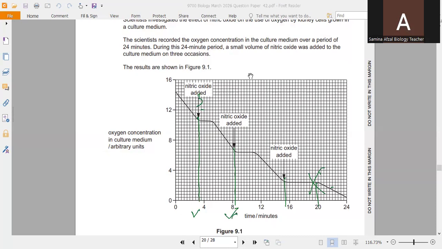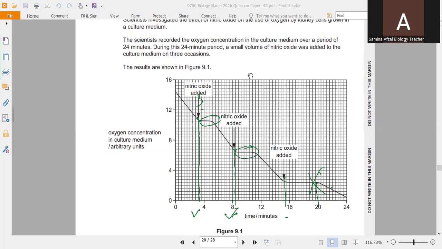You can see the rate of oxygen consumption decreases as the nitric oxide is added. Before each addition, you can see that the oxygen consumption resumes, and the rate of oxygen decrease differs again.